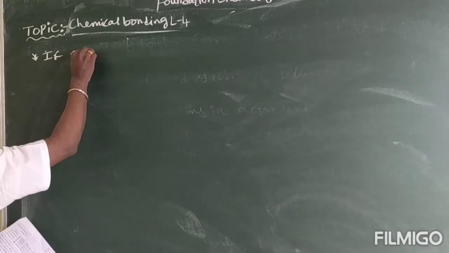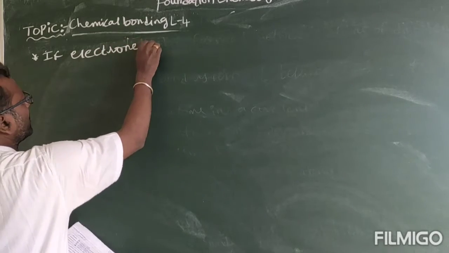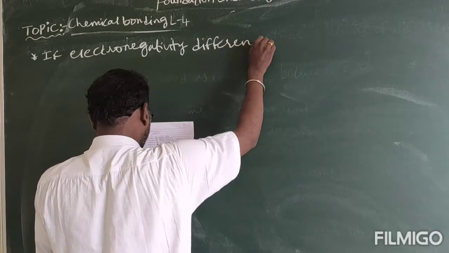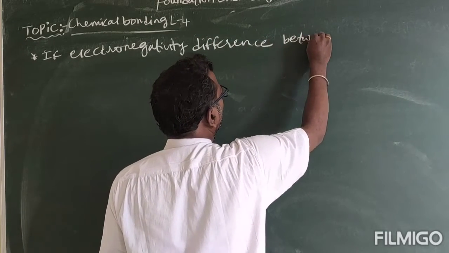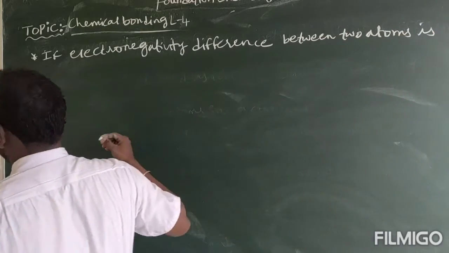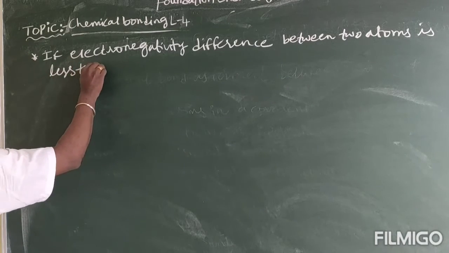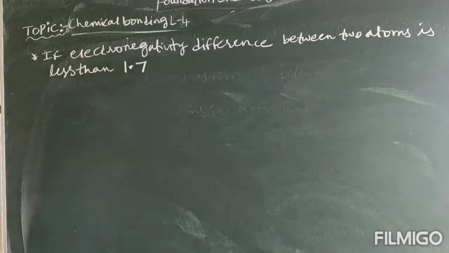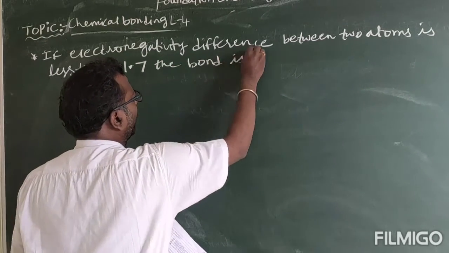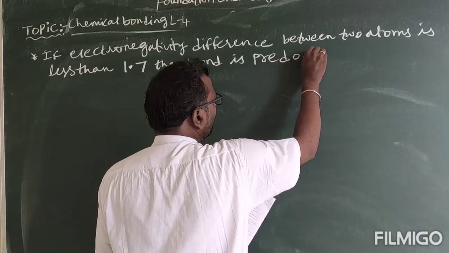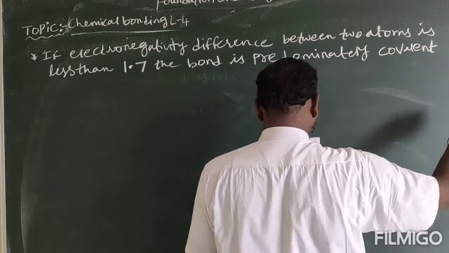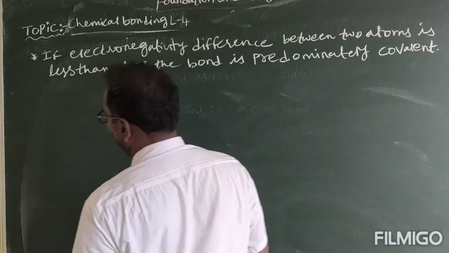If the electronegativity difference between two atoms is less than 1.7, in some books it is written 1.9, no problem, the bond is predominantly covalent. Okay, it is covalent bonding.